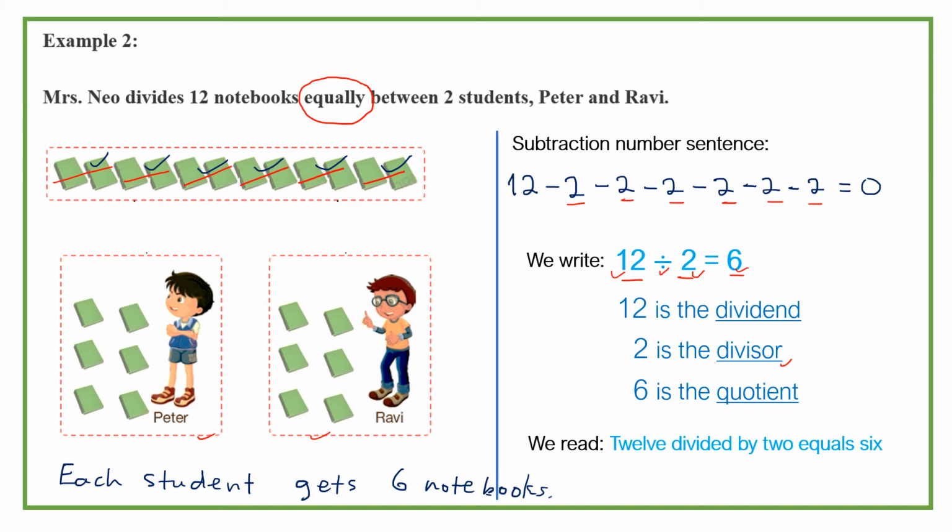I believe that you have understood this very well. So, now 12 divided by 2 equals 6. This one, we call it a division number sentence.